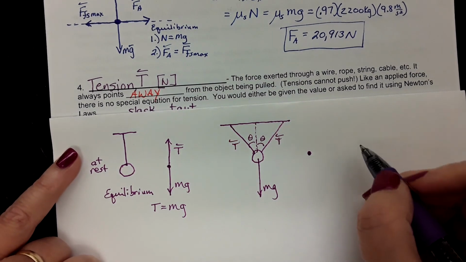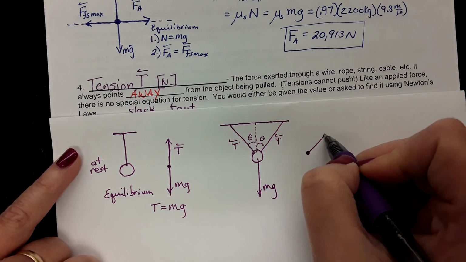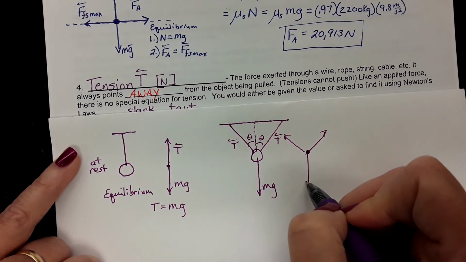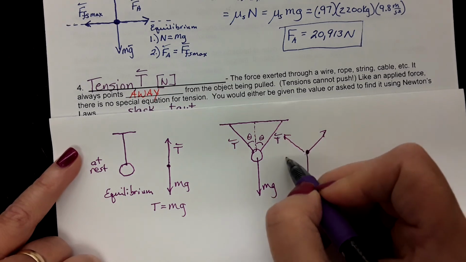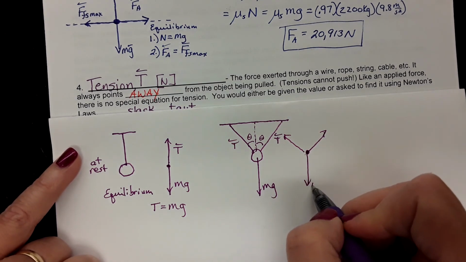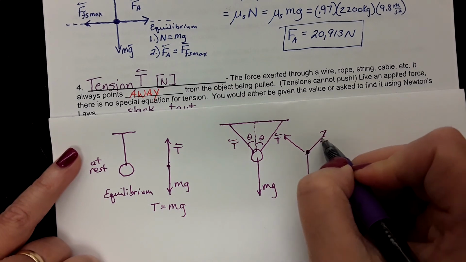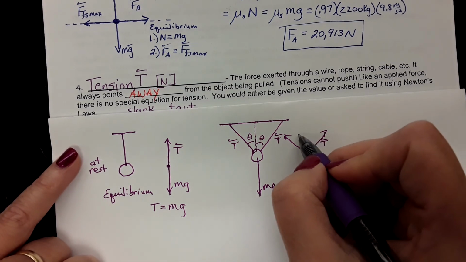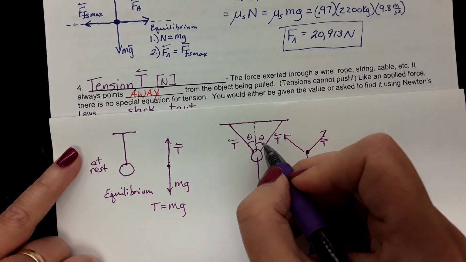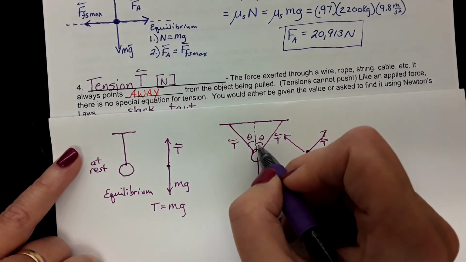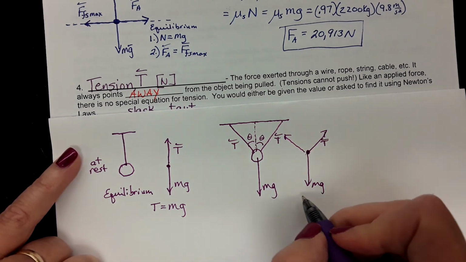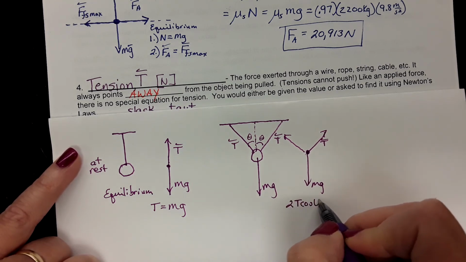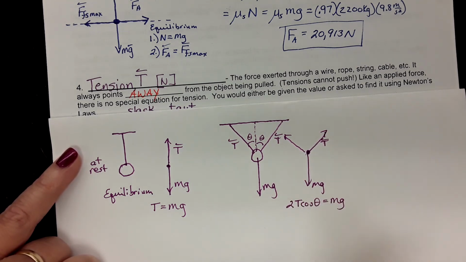Each one supports half the weight. So you'd have two tensions drawn the same length, and their vertical components are supporting the weight of the object. So in this case, the vertical component is adjacent to the angle, so we could say 2T cosine theta equals mg.